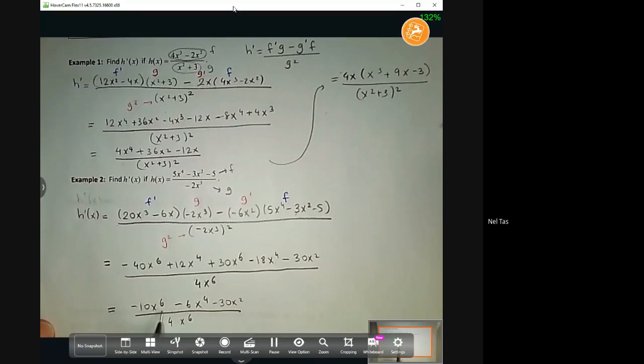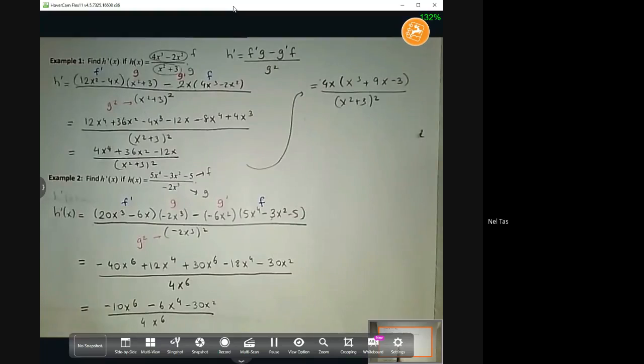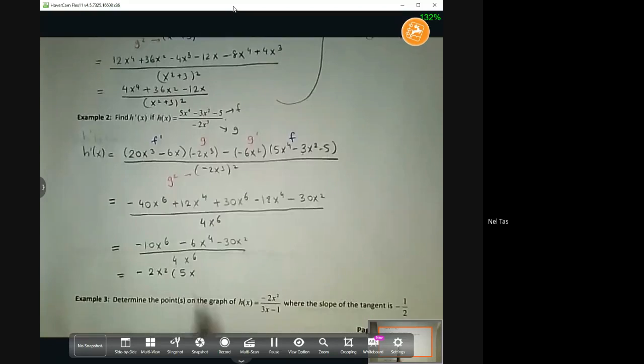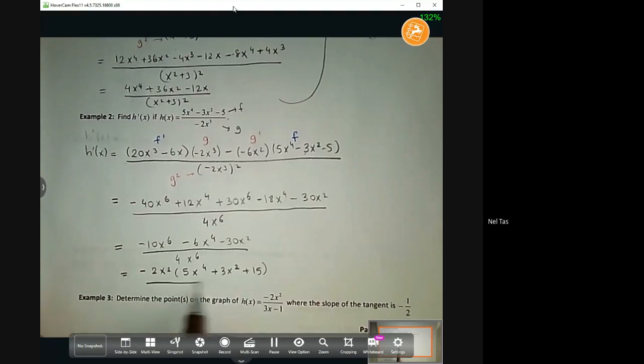So looks like 2x squared is a common factor. I'm going to take negative 2x squared. So 5x to the power of 4 plus 3x squared plus 15. That's it, yeah.